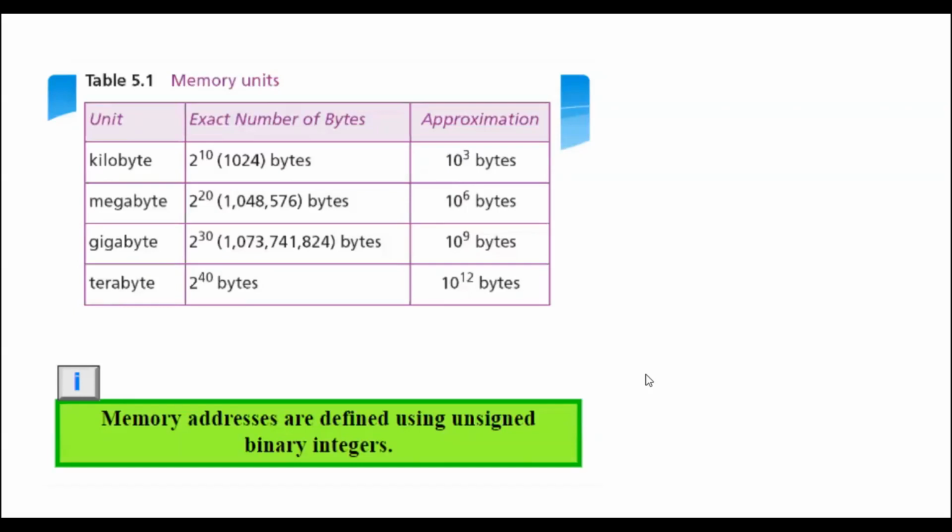You have a billion bytes in gigabytes and then a trillion bytes in terabytes. That is how memory addresses are defined, using unsigned binary integers. It is the set of logical addresses that a process references in its code.